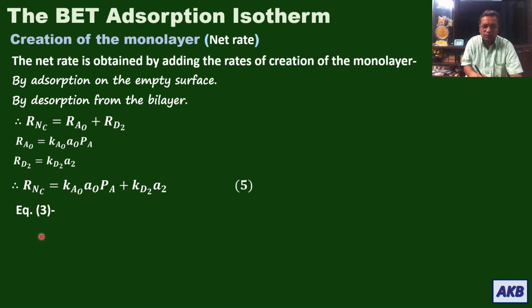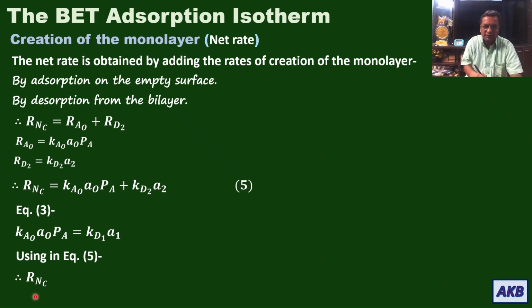Now we are going to use equation 3 that we obtained earlier. That is, KA0 into A0 into PA is equal to KD1 into A1. That means in equation number 5, KA0 into A0 into PA will be replaced with this term.